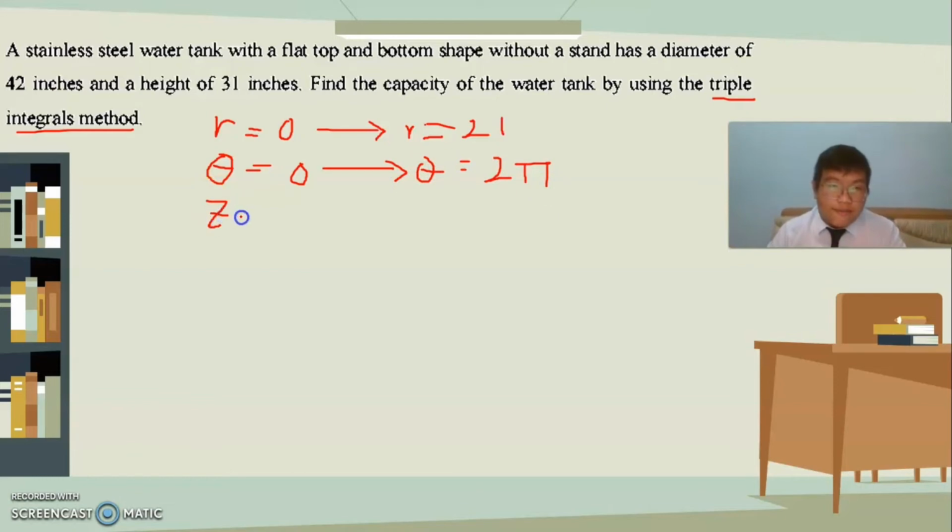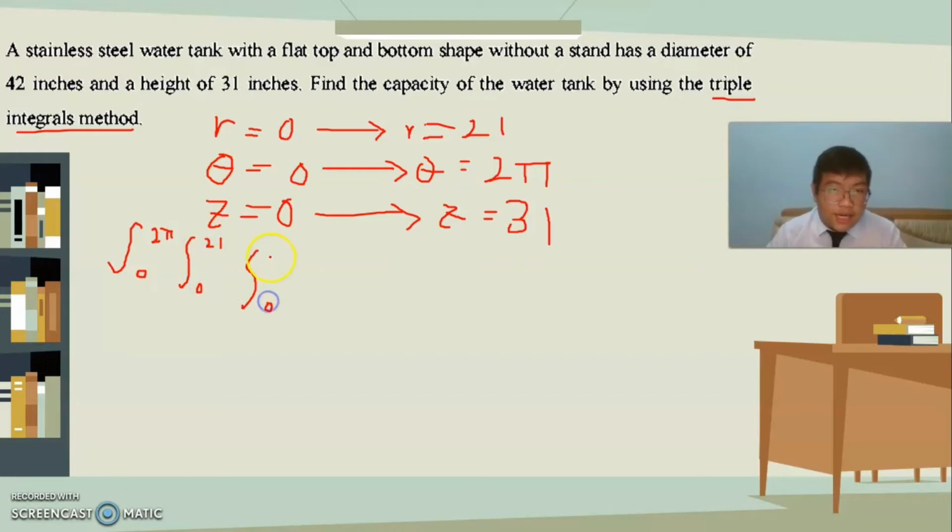And the last, z is from 0 to z equal to 31 inch. So we do the triple integral: integrate theta 0 until 2 pi, radius 0 until 21, z 0 until 31, dz r dr d theta.